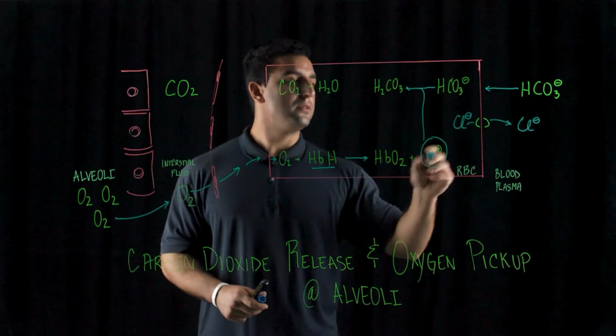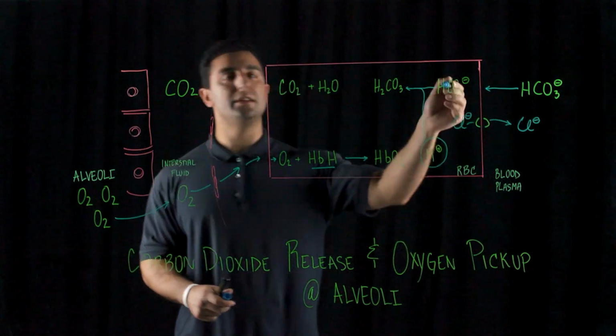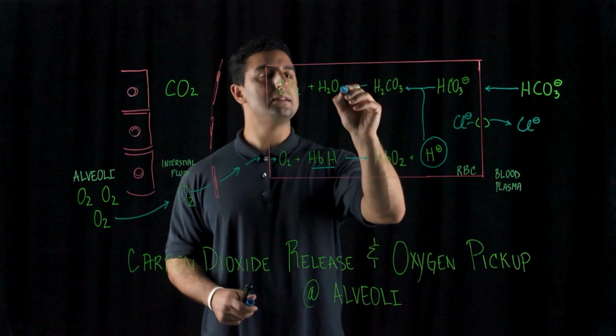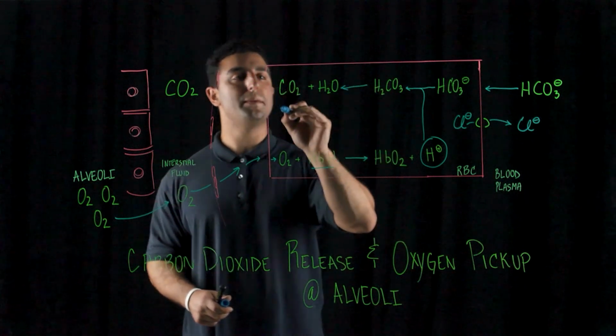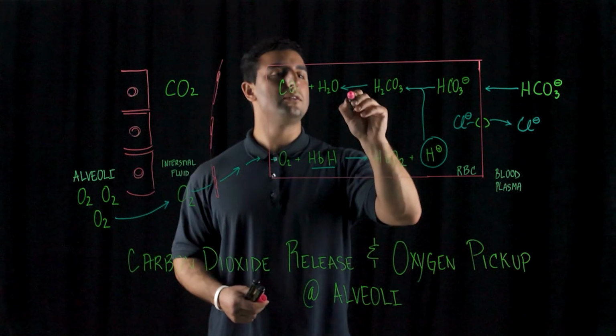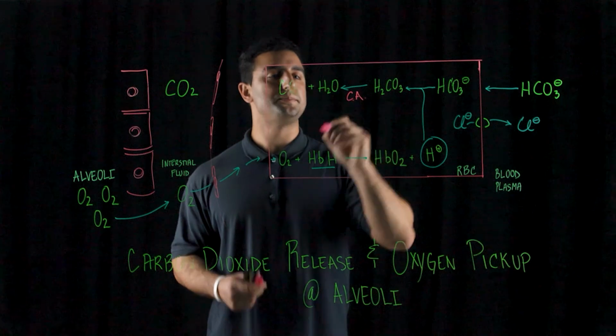So again, chloride goes out, and the hydrogen and the bicarbonate combine with each other to get carbonic acid. Now carbonic acid gets reconverted back to carbon dioxide and water with that special enzyme that we had called carbonic anhydrase.